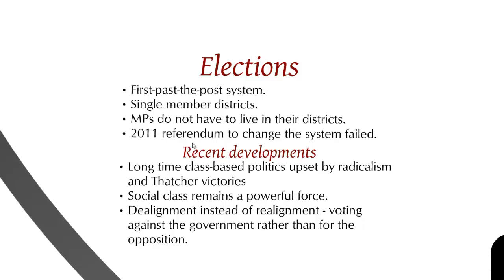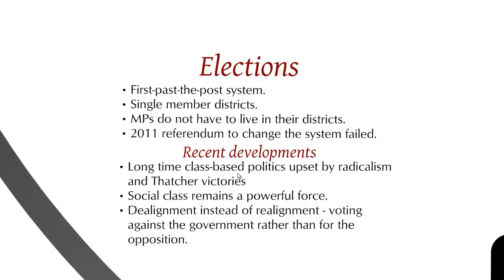And there was in fact even a referendum on the electoral system recently, driven by the Liberal Democrats. As a third party, they've always been interested in moving away from the first-past-the-post system because, of course, it impacts their electoral chances. So they were more interested in introducing a more proportional electoral system, but this referendum failed.